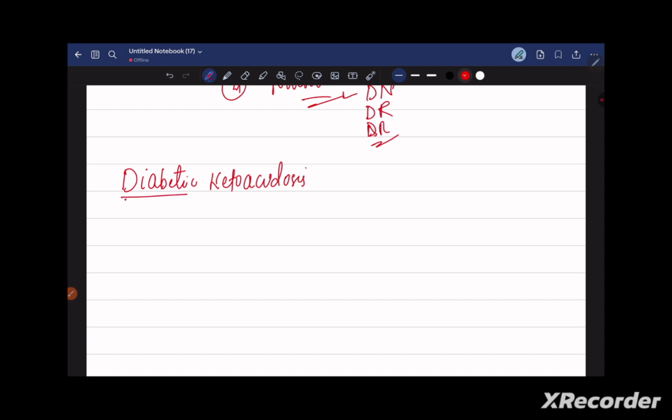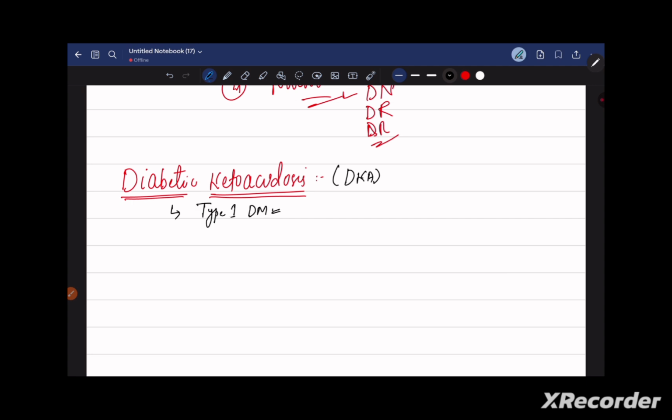Diabetic ketoacidosis is one of the complications of diabetes mellitus, mainly type 1 diabetes mellitus, that we will be dealing with. So remember, diabetic ketoacidosis is mainly seen in case of type 1 diabetes mellitus.